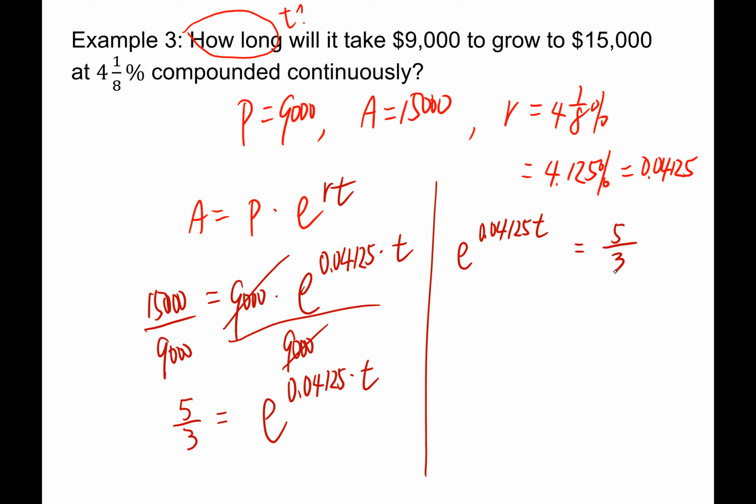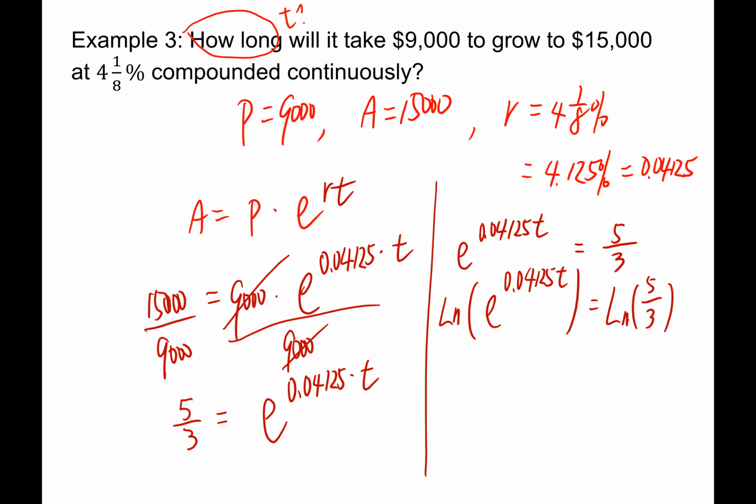And how do we proceed? How do we get rid of the base e? ln. Exactly, right? So taking ln from both sides of the equation, very good. ln of the whole thing, 0.04125 t. ln on the right hand side do the same thing, ln of 5/3.